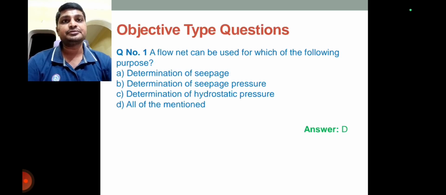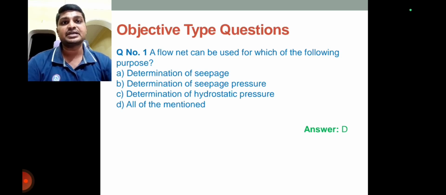Then coming to where we can apply this knowledge. The objective type questions come like this. A flow net can be used for which of the following purposes? We know the flow net is used for finding the seepage loss or quantity of seepage, and we can find the seepage pressure and the hydrostatic pressure.